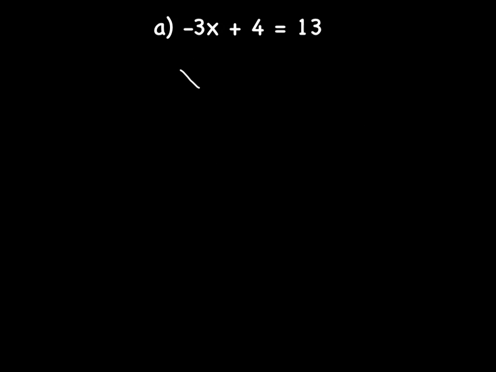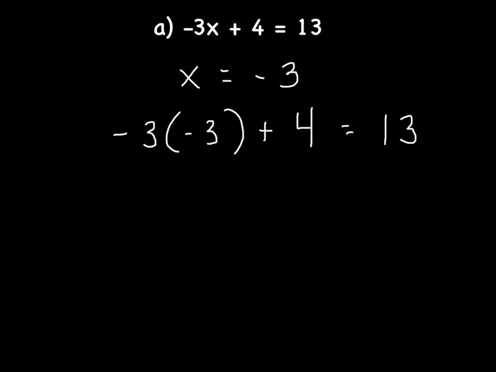So to verify our answer of x equals negative 3, we're going to substitute that negative 3 in here for x. Negative 3 times negative 3 plus 4 should be equal to 13.